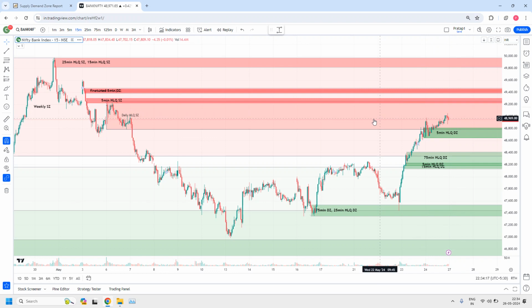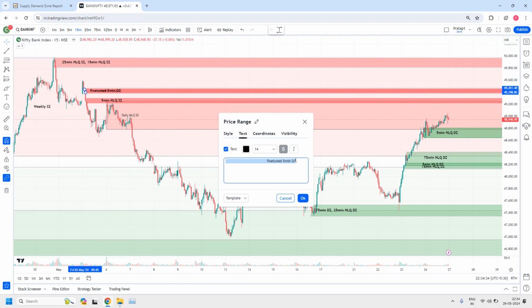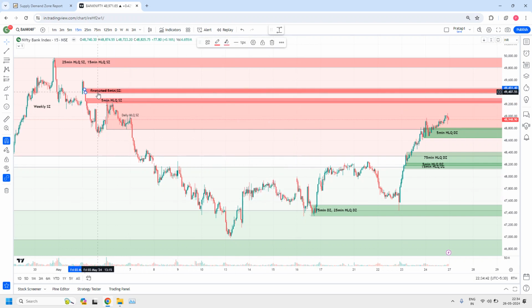If this is violated, above this we have a trap, a 15 minutes bull trap, which has a fine-tuned 5 minutes supply zone.